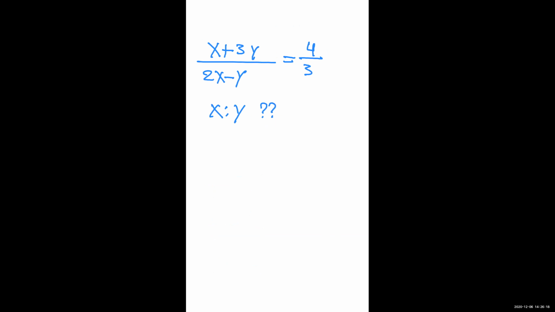Now, guys, I'm going to use the cross multiplication. Product of means equals the product of extremes, right? So this means 3 times x plus 3y equals 4 times 2x minus y.